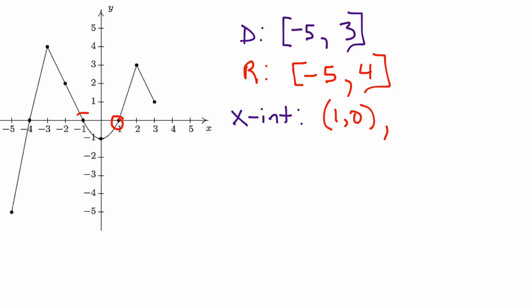And then we have one here, and that would be the point (-1, 0). And there's another one here, so that would be the point (-4, 0). Notice that the y-coordinate of an x-intercept is always going to be 0.